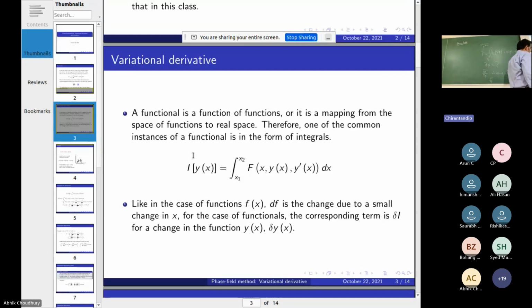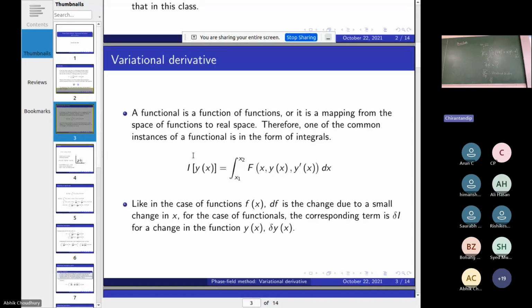So I have my integral, we'll call it I, for some functional, but instead of phi, I'm using y. Okay. And my functional looks like a finite integral between x1 and x2 of some integrand, which has dependency on the space, on the function itself, and on its gradient. Okay, that's just like what you have over there.